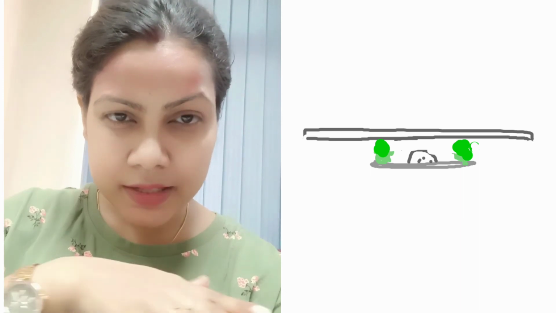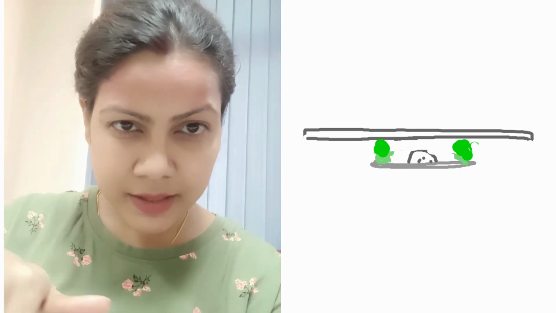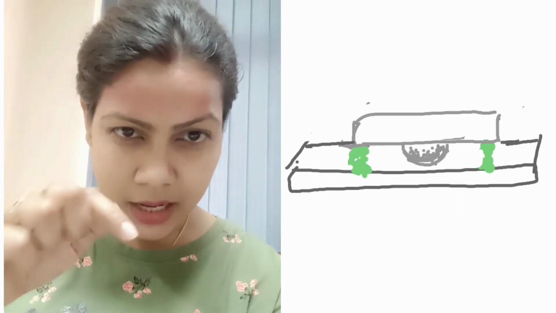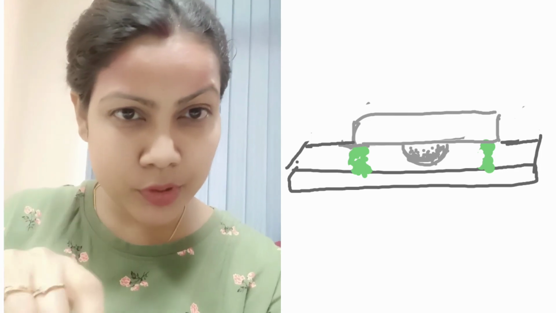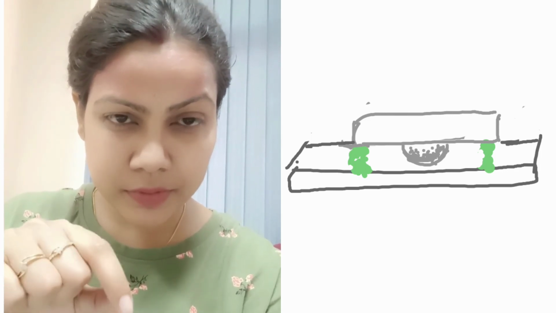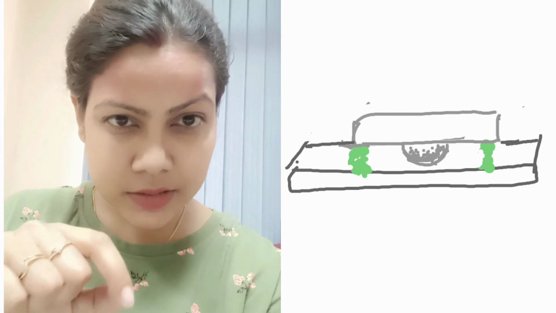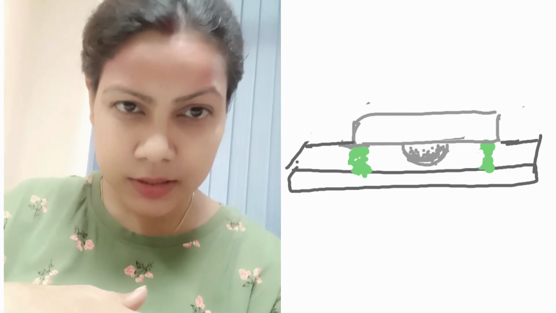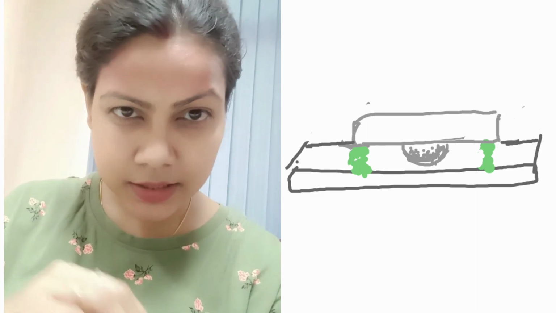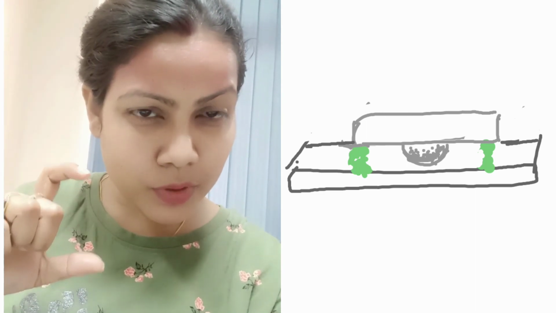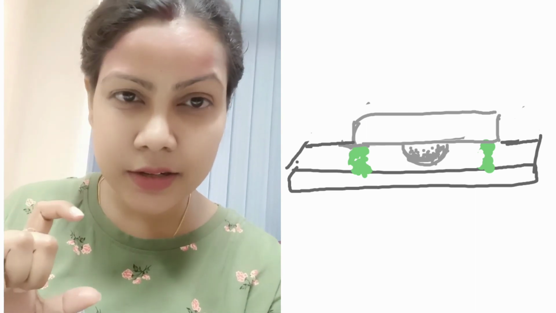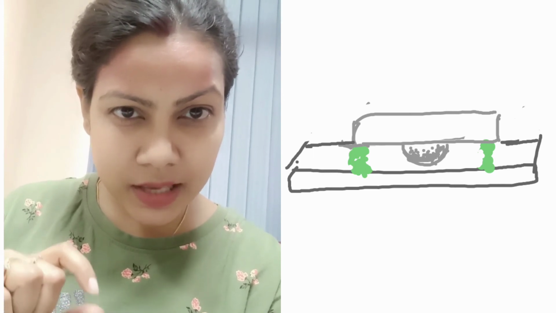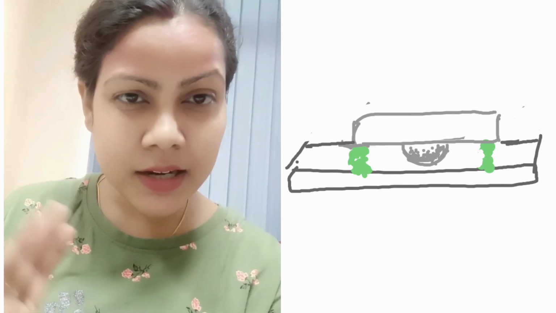Then we find the slide, paraffin wax ring, and cover slip, with the drop of bacterial suspension hanging from the ceiling of the cover slip.